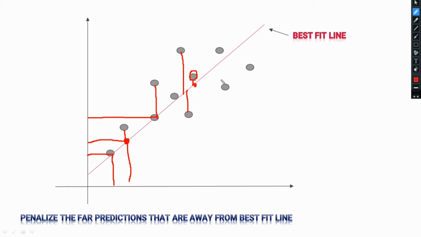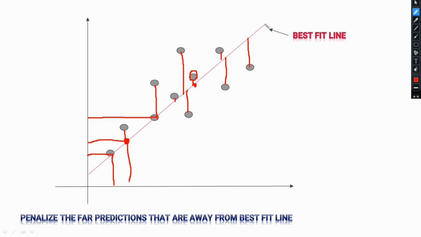So after calculating the error for all the points, it gives us the total calculated log loss error. It is the difference between the actual point and the point that we predicted by this line.